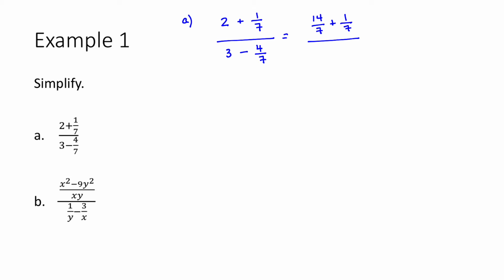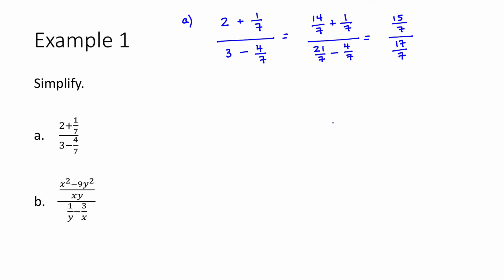And then 3 is going to be 21 over 7, and that's minus 4 over 7. 14 and 1 is 15, so that's 15 over 7. 21 minus 4 is 17, so then I have 17 over 7.